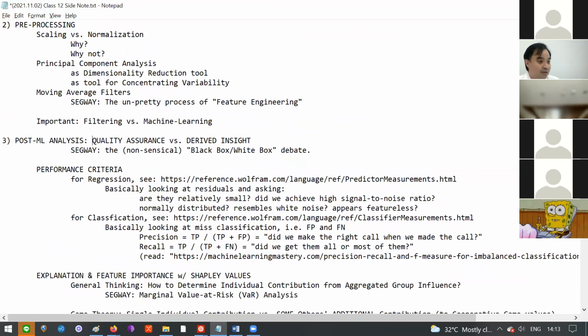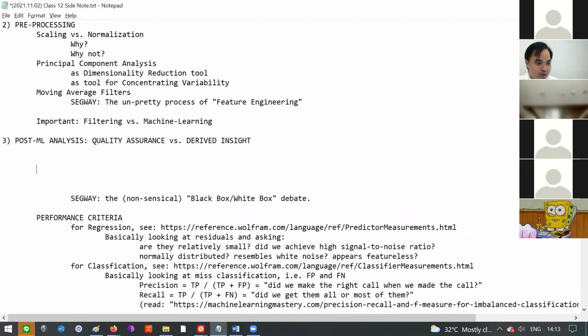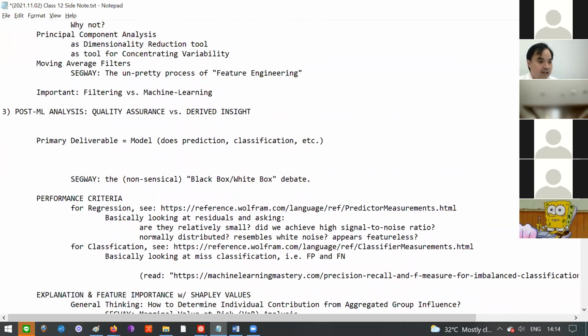is the model, right? So you deliver two things. The primary deliverable is the model, as prediction or whatever. What's the secondary?